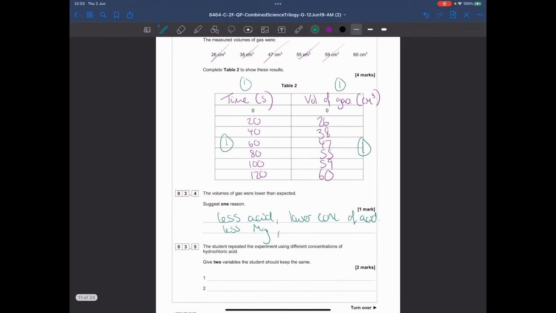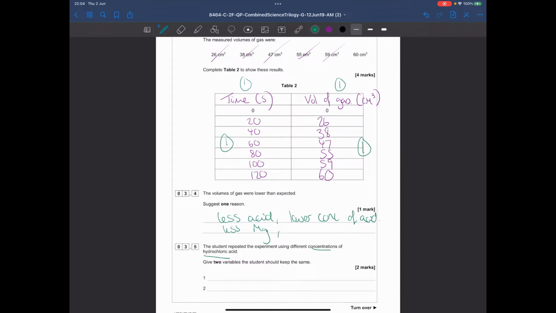The student then repeated the experiment using different concentrations of hydrochloric acid. So they are now changing how concentrated the acid is. So give 2 variables that they should keep the same.